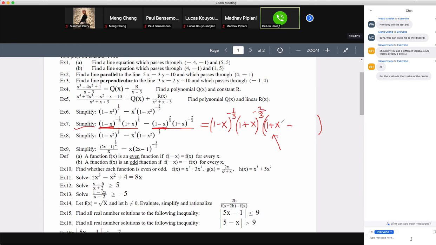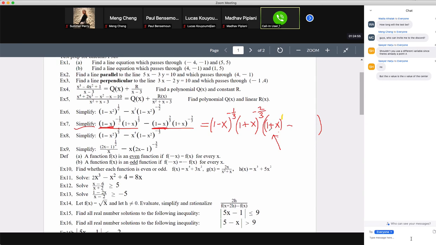In fact, we just need 1 plus x to the first power. So 1 plus x to negative 2/3 times 1 plus x is 1 plus x to the 1/3 power. So we got it. Whenever you factor, you always check by multiplying.